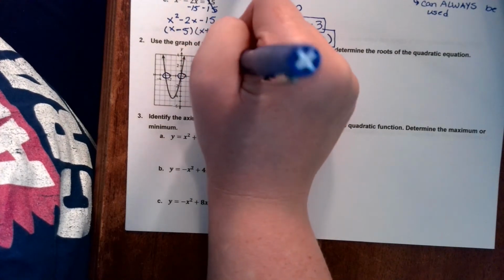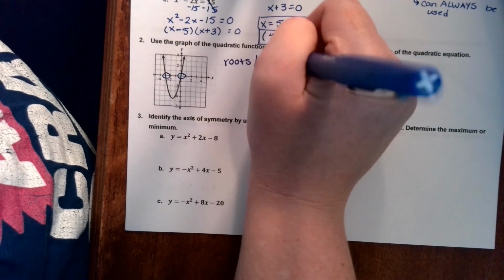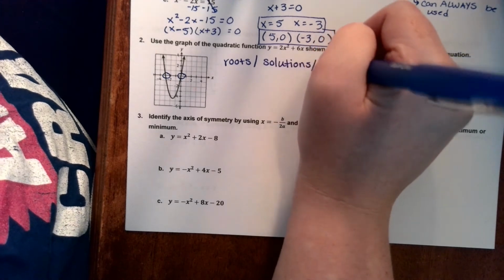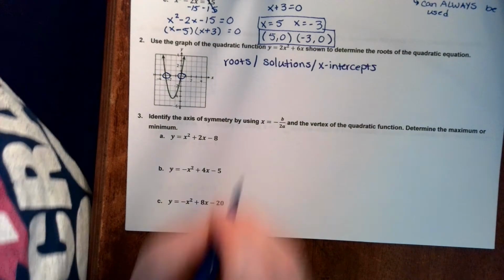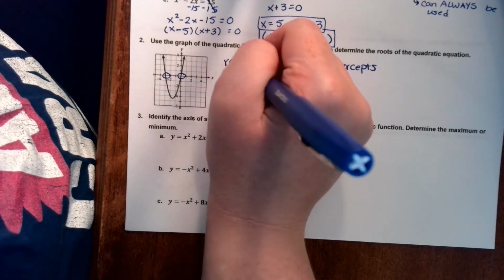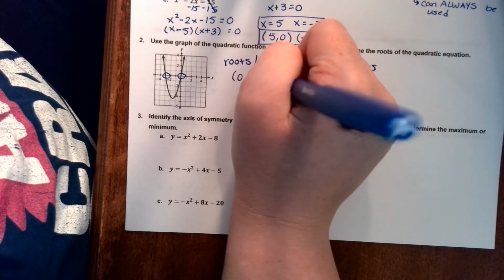So my roots, or my solutions, or my x-intercepts, those are all the same thing, are, we have a point at 0, 0, and we have an intercept at 3, 0. No, I'm sorry, negative 3, 0.